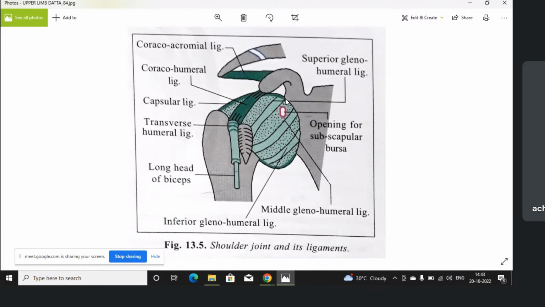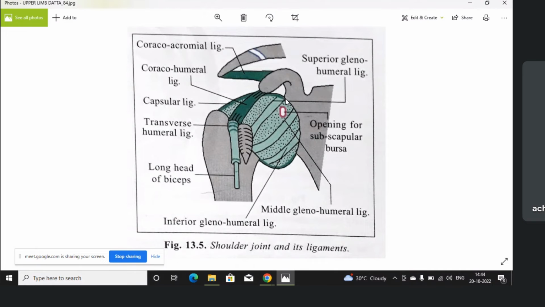Okay, so these are the ligaments. Next is the joint cavity. Write down. Beneath the capsular ligament, there is a presence of the joint cavity.